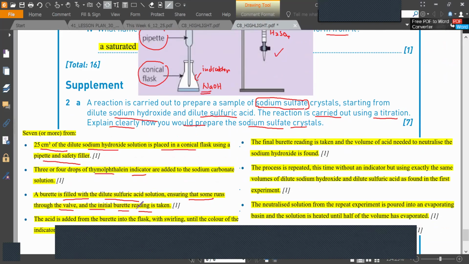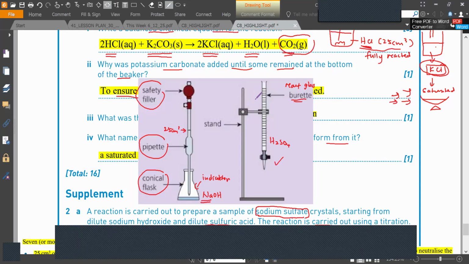So first we read the starting volume. Let's say we start with 40 cm cube, and we end up with 25 cm cube, so we added 15 cm cube, for example.